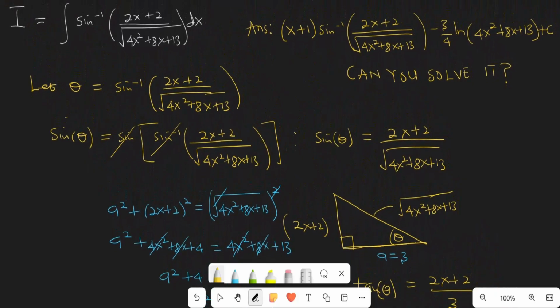The same theta is the sine inverse of this, and that is our integrand.